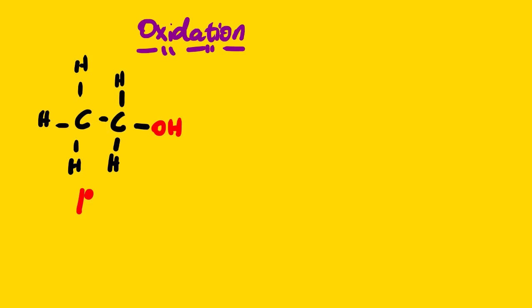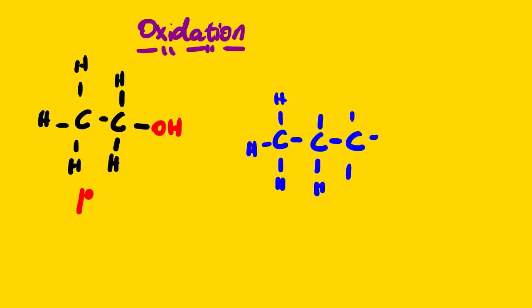Then looking at a secondary alcohol, we look at a carbonyl carbon, or the carbon which is bonded to the hydroxy group, must be bonded to two other carbons. So if we have something like this, this will refer to a secondary alcohol.